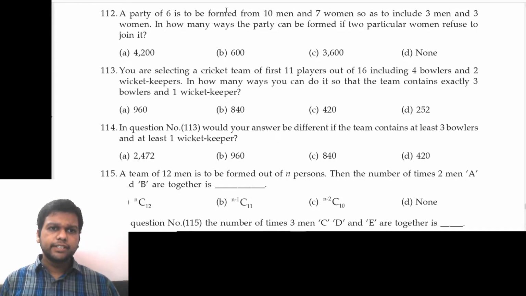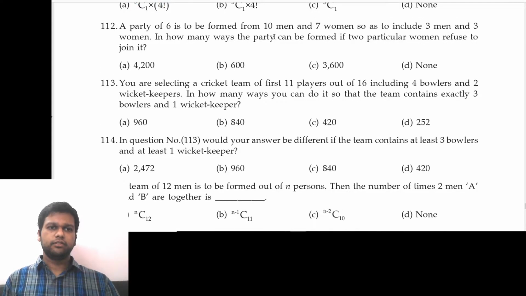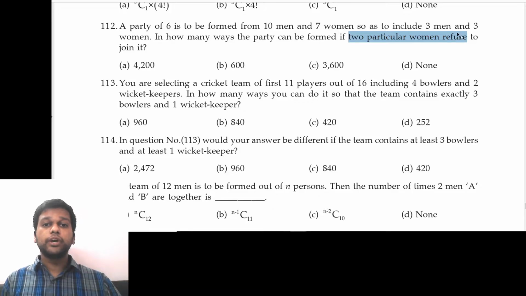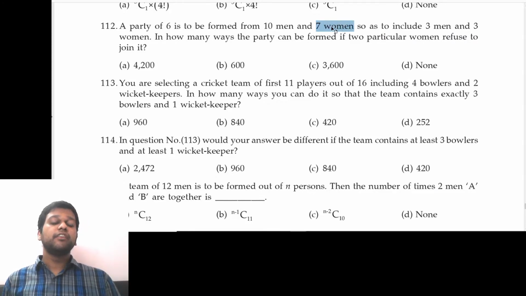A party of 6 is to be formed from 10 men and 7 women so as to include 3 men and 3 women. In how many ways can the party be formed if 2 particular women refuse to join it? They are refusing to join it. Okay. That means we don't actually have 7 women. We have only 5 women, right?